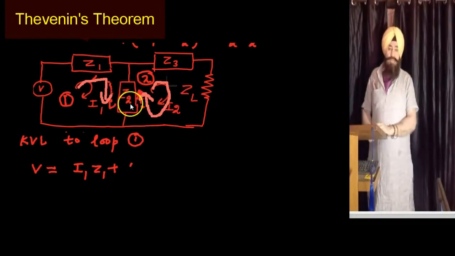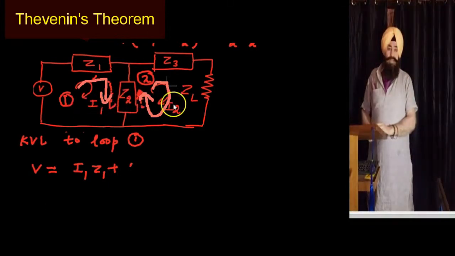So the voltage I1 Z1 is taken as positive because the current flows as we are traversing, but for I2, flowing in the opposite direction, the voltage I2 Z2 will be taken as negative.